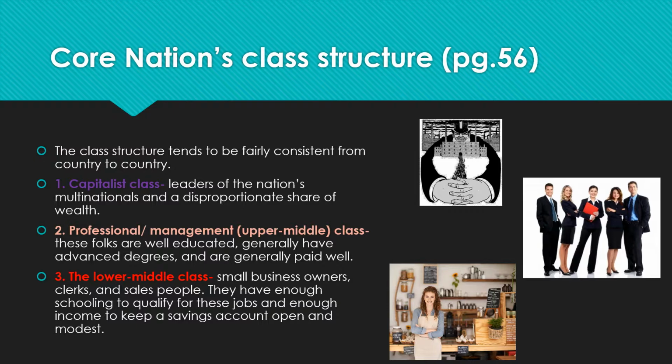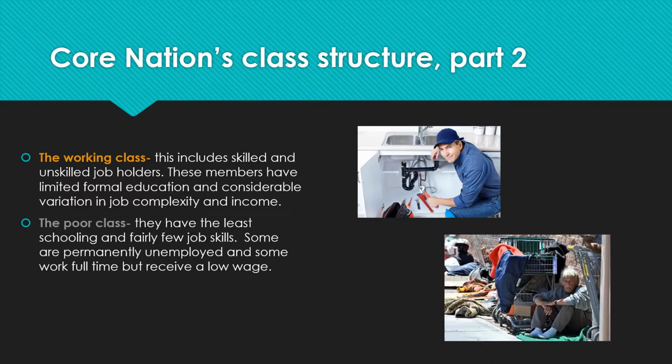Then you have the lower middle class. A lot of times these are small business owners, clerks, and salespeople. They have enough schooling to qualify for these jobs and enough income to keep a savings account open and modest. So you have a young girl here who's running her own shop. She's a small business owner, a great example of a core nation's lower middle class.